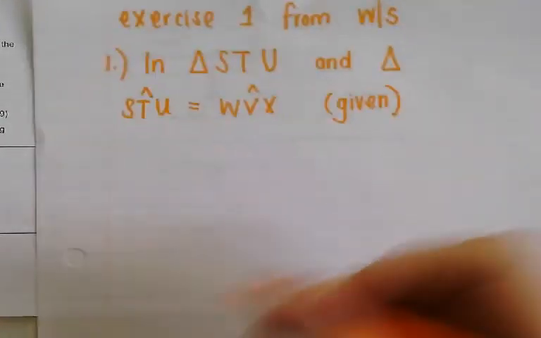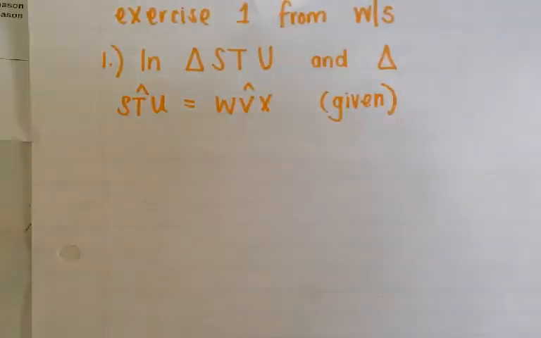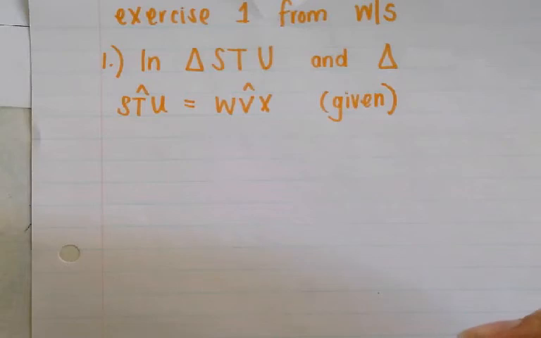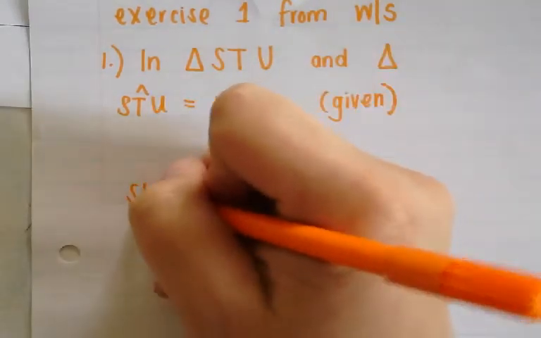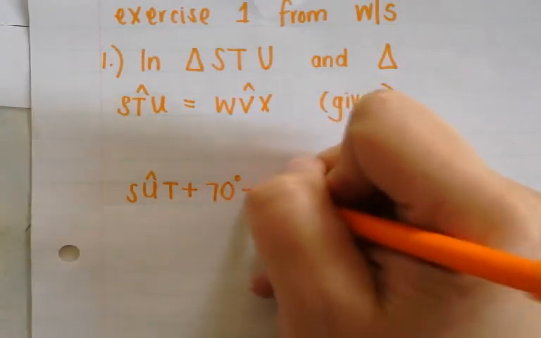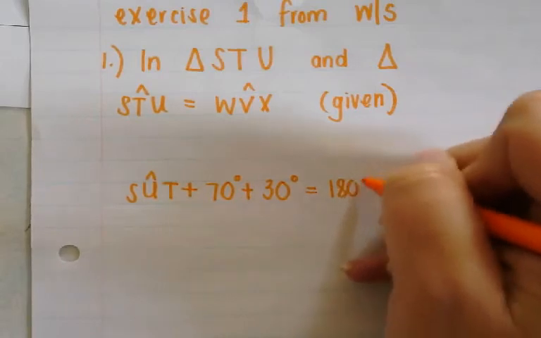It is triangle STU, and I'm trying to find U, so I'm going to say SUT plus 70 degrees plus 30 degrees equals 180 degrees.